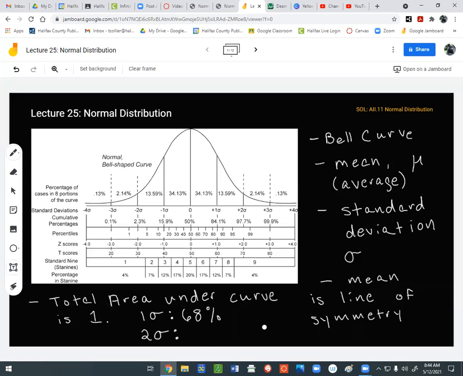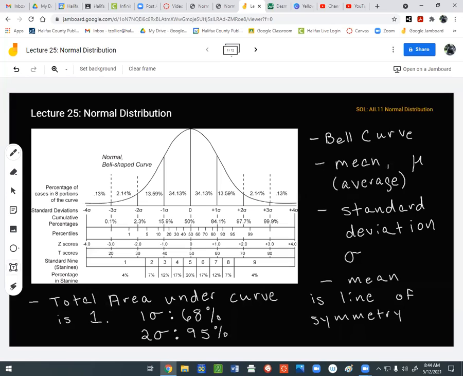If you look at 2 standard deviations, that's going to be from -2 sigma to +2 sigma. The total area within 2 standard deviations is going to be 95%. So that's almost all of it. So 2 sigma is going to give you 95%.